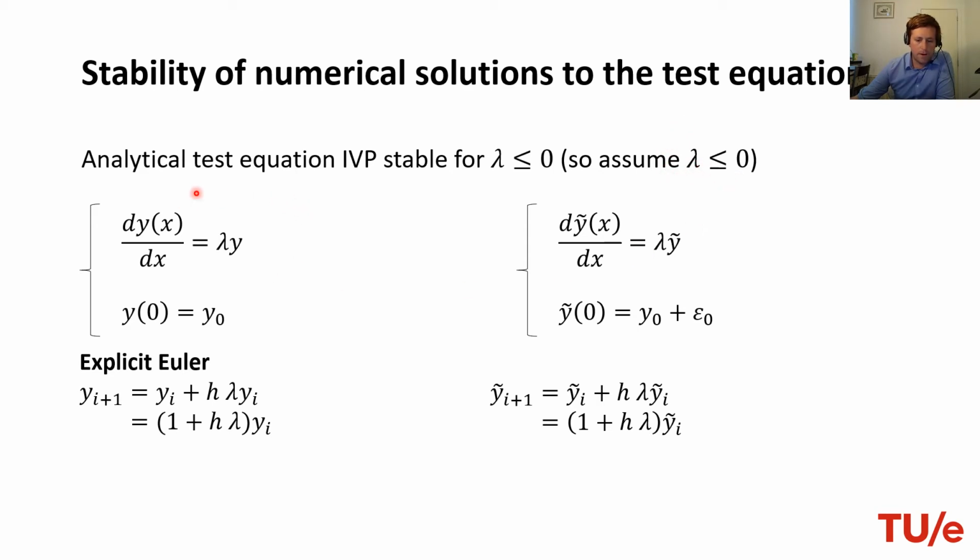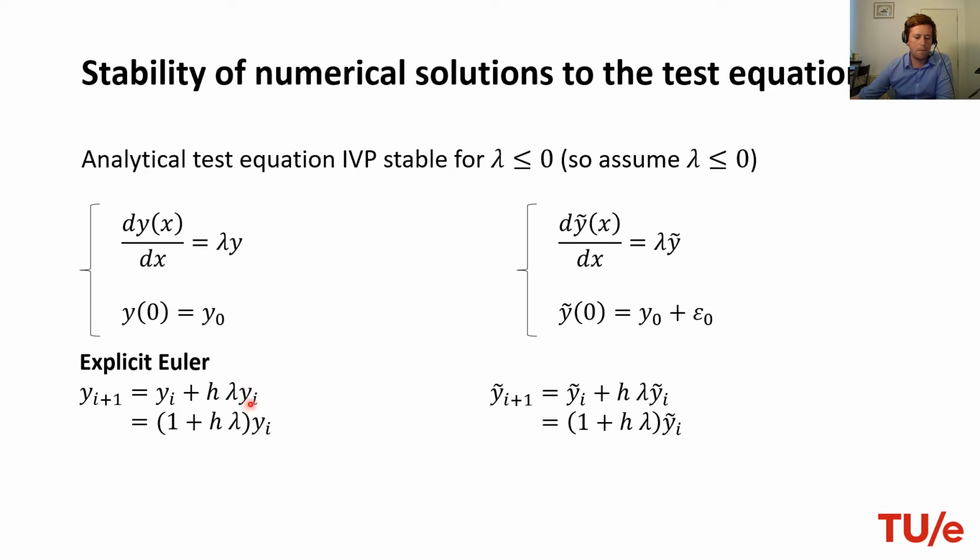Here we have our original system and the perturbed system, and let's apply explicit Euler to both of these systems. Explicit Euler is straightforward: we update the solution from step i to step i plus 1 by adding h times a slope governed by the right-hand side of the ODE evaluated at step i.